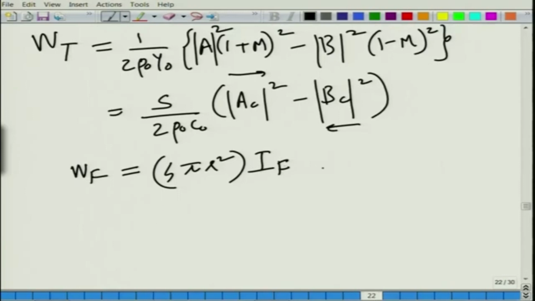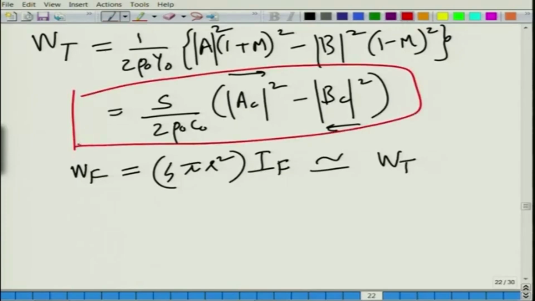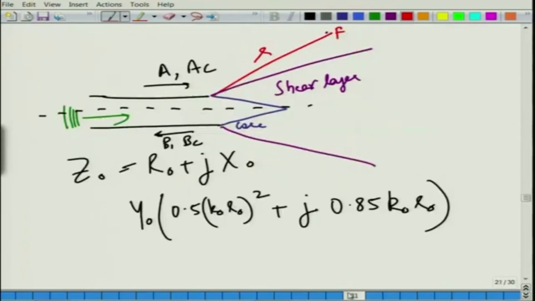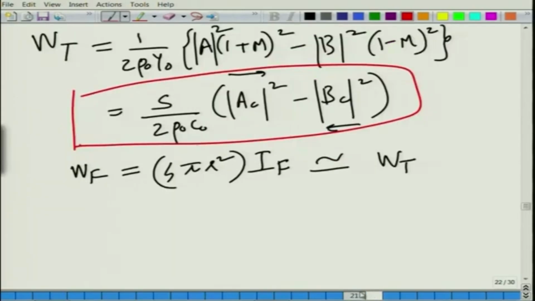When you do that, this is approximately equal to WT, the theoretical power that we obtained from this expression. When you have an outgoing wave, the interaction of the outgoing waves with the shear layer or with the jet itself produces some sort of back reaction on the wave. As a result, it is not that the entire power is radiated; a fraction of that power is radiated, and that is given by Wt.